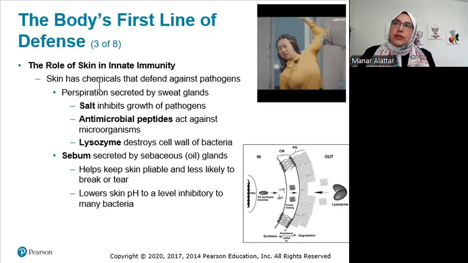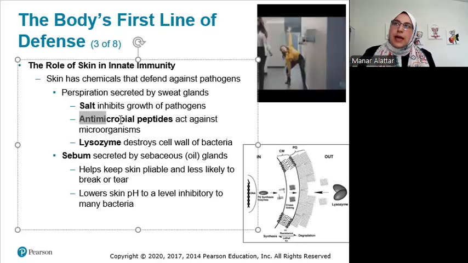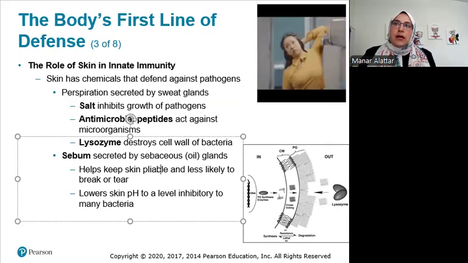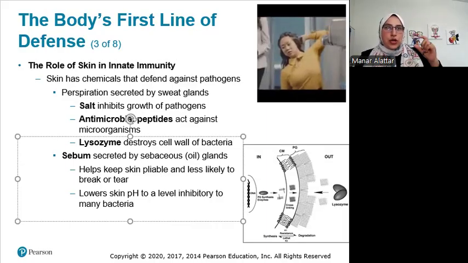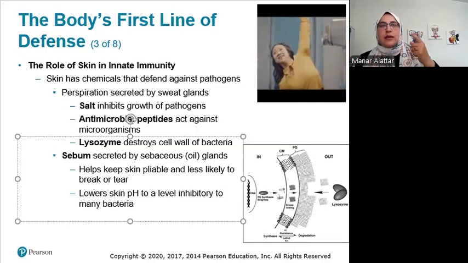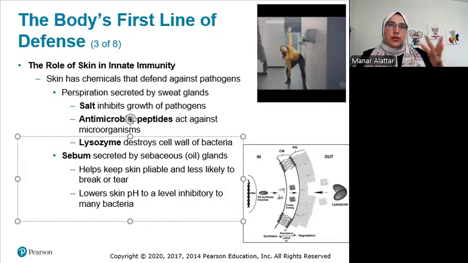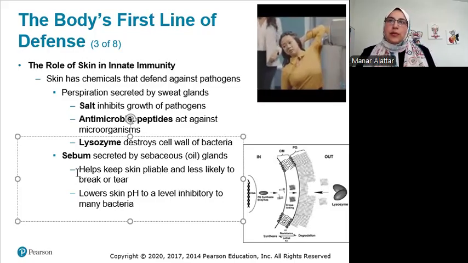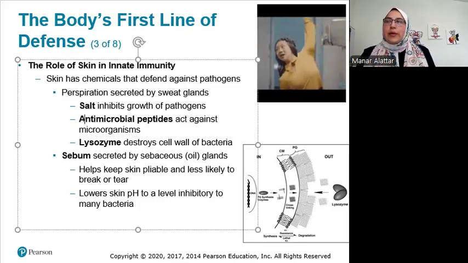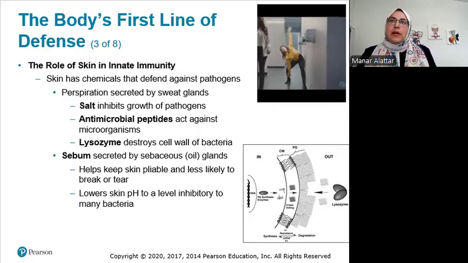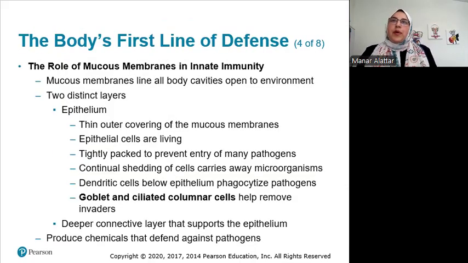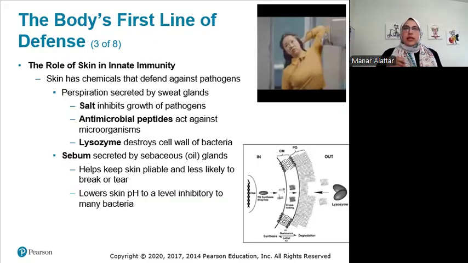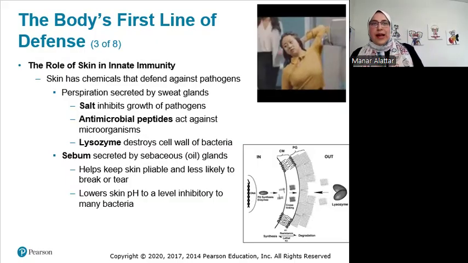Some of the chemicals that are on our skin, these antimicrobial peptides, are called dermcidins, and cidin means to eliminate or kill, and that's in your book when it says dermcidins is related to these antimicrobial peptides. Okay. So that's our discussion of skin and sweat.